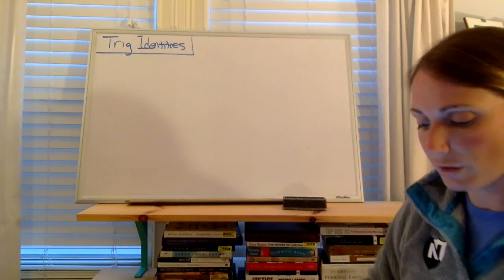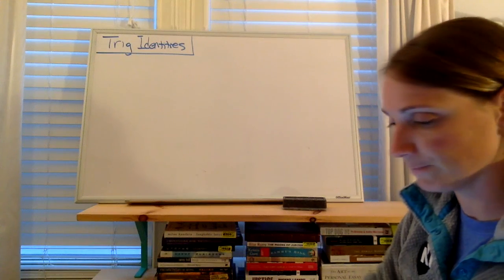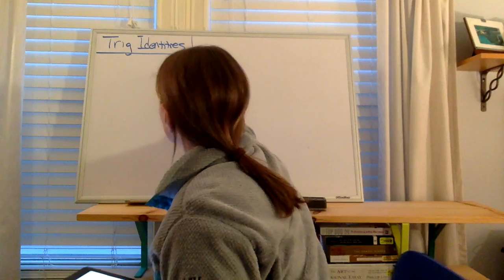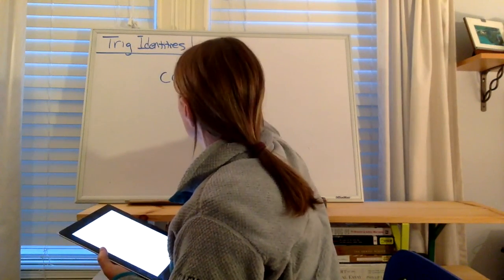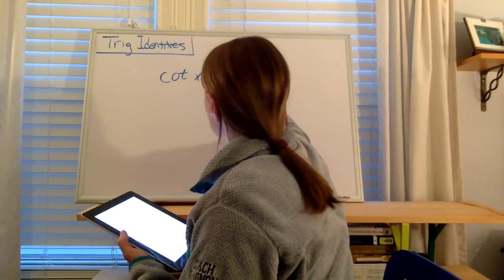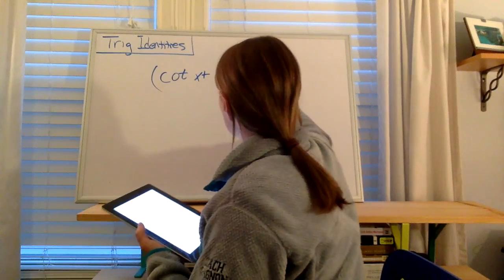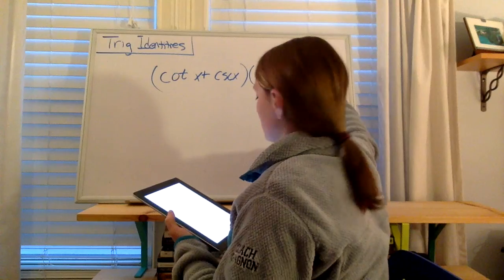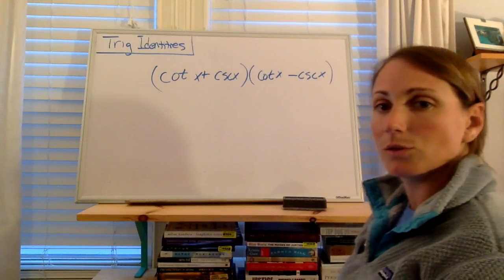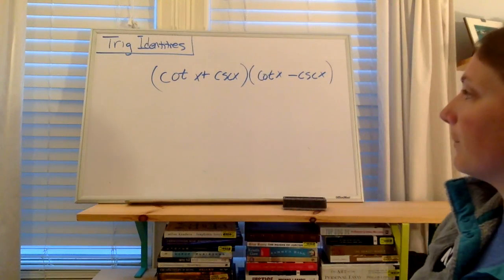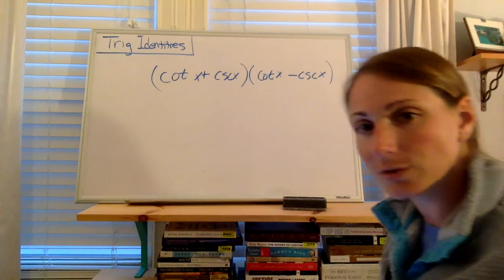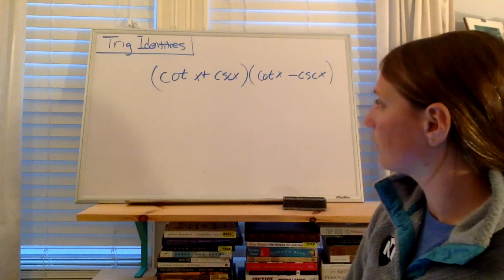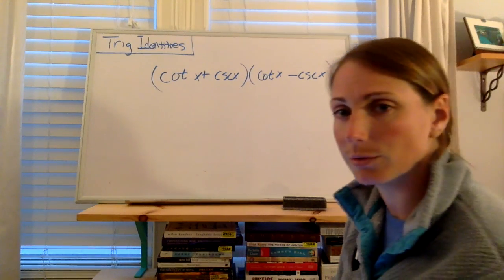Okay, here's another one where all you're doing is simplifying. So we start with a product of 2 binomials, and if we just go ahead and multiply through, distribute, here's what we're going to get.